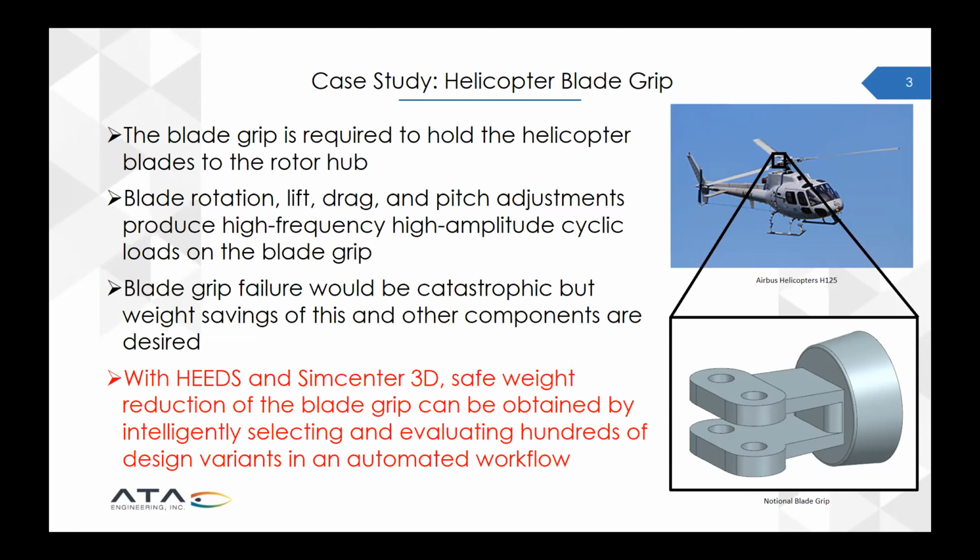So I'm going to show you how, with HEEDS and Simcenter 3D, safe weight reduction of the blade grip can be obtained by intelligently selecting and evaluating hundreds of design variants in an automated workflow.